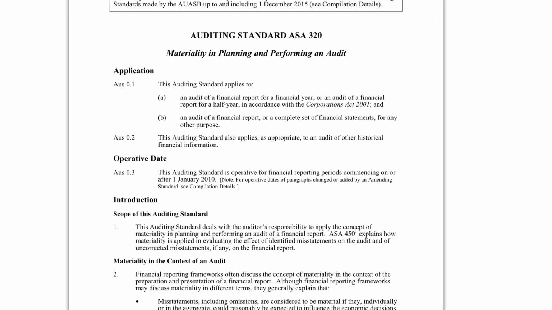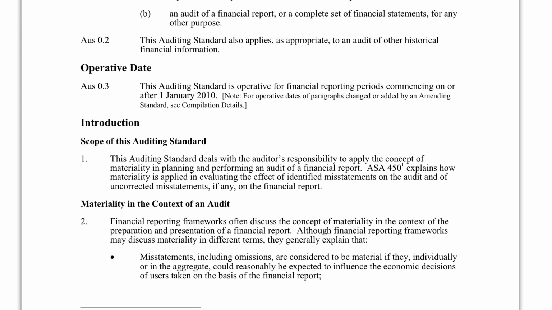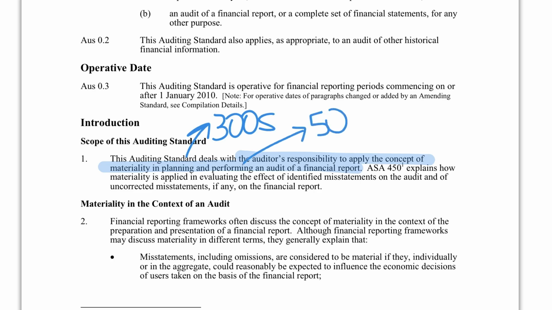Let's dive into our standard here. So I'm going to start with the scope. Remember, the scope is always, what is this standard about? It's about the auditor's responsibility to apply the concept of materiality in planning and performing the audit. So remember, everything in our 300s series is about planning the audit, and everything in our 500s series is about gathering that audit evidence.